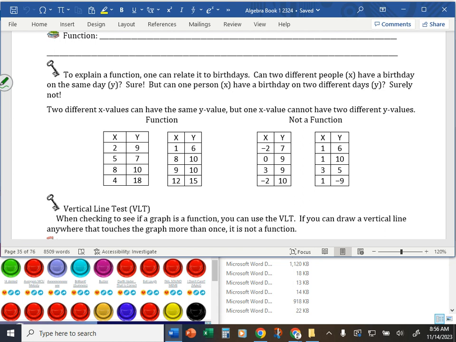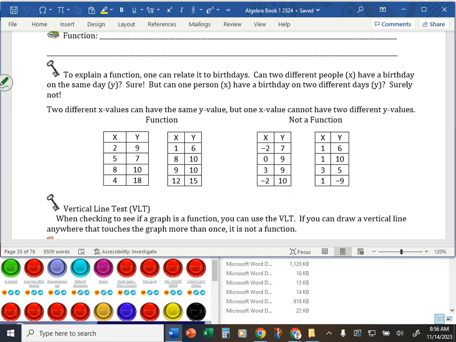When x is 8, y is 10. When x is 4, y is 18. Every x value has exactly one corresponding y. Even though y repeats itself here, that's okay, because when x is 8, y is only 10, and when x is 9, y is also 10. That's okay, because when x is 9, y is nothing else.